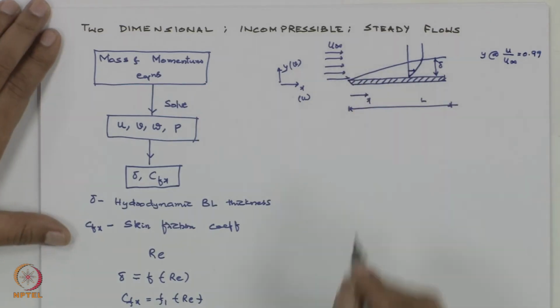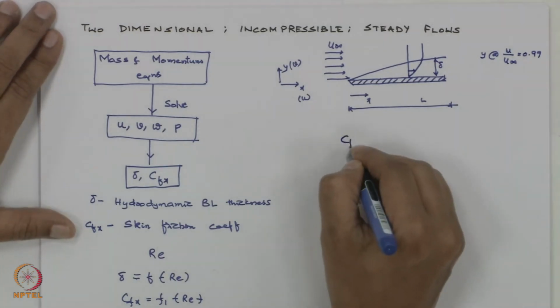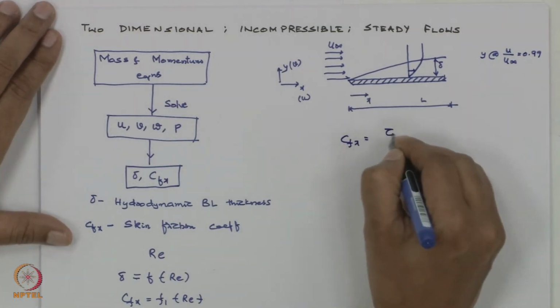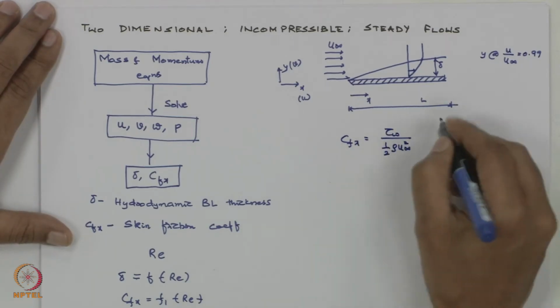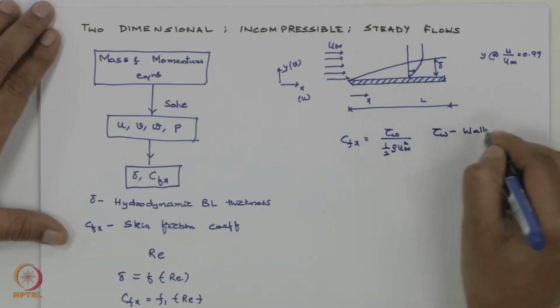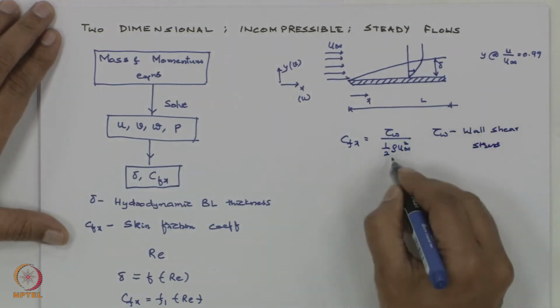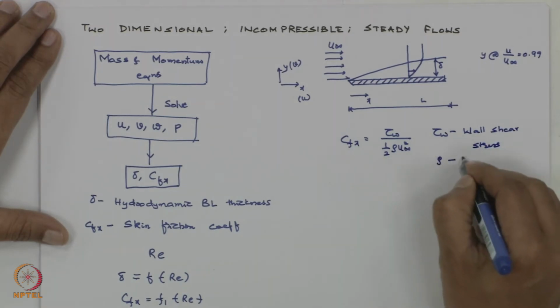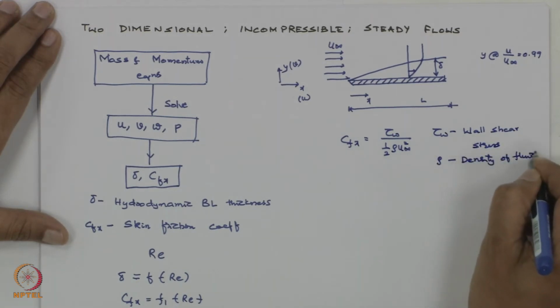Here, when I say boundary layer, I mean the hydrodynamic boundary layer. So, what is Cfx? Cfx is equal to tau wall upon half rho u infinity squared. Tau wall is nothing but the wall shear stress, rho is the density of the fluid, and u infinity is the free stream velocity.